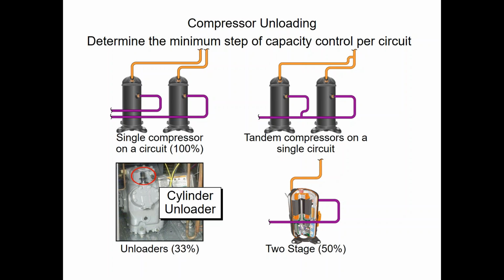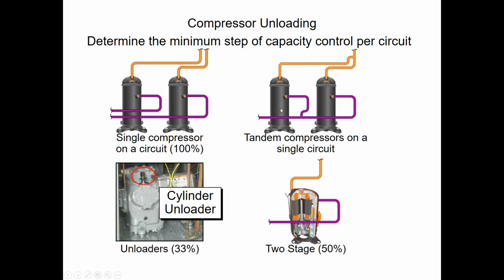Okay, so we have a lot of different setups in our units. We have single compressor on a circuit, where each one runs at 100% per circuit. We have tandem compressors on a single circuit. We may have 3 or 4 compressors on a single circuit. And of course, they don't all run at the same time.